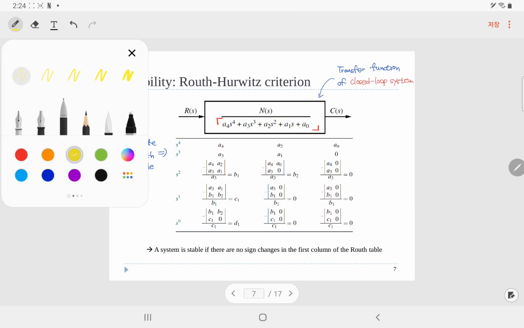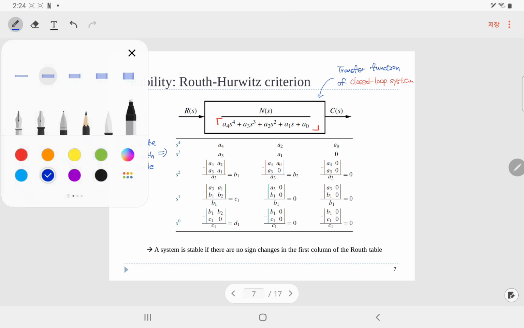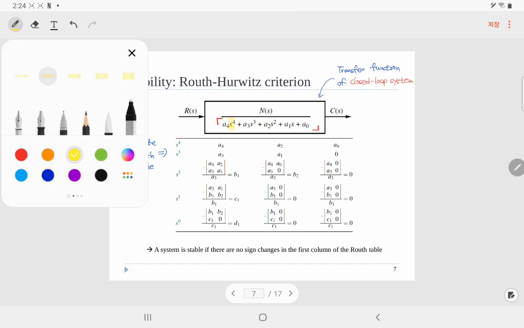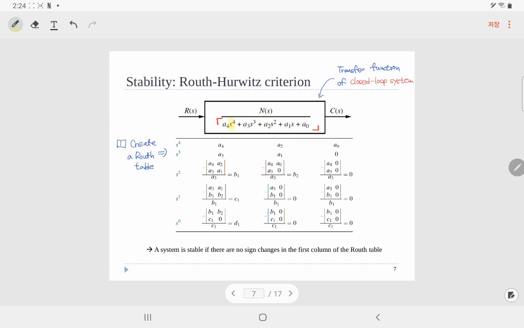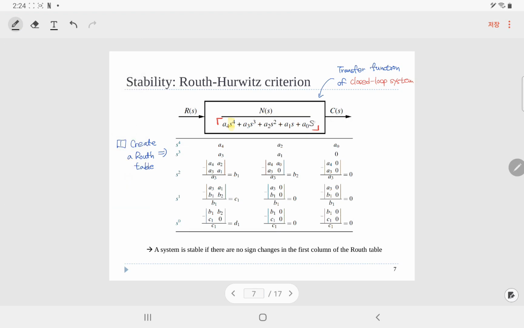Then first we have to check the power of S. In this example we can see that the highest power of S in the denominator is S4, and the lowest power is S0, because you can see that this A0 can be rewritten as A0 times S0.